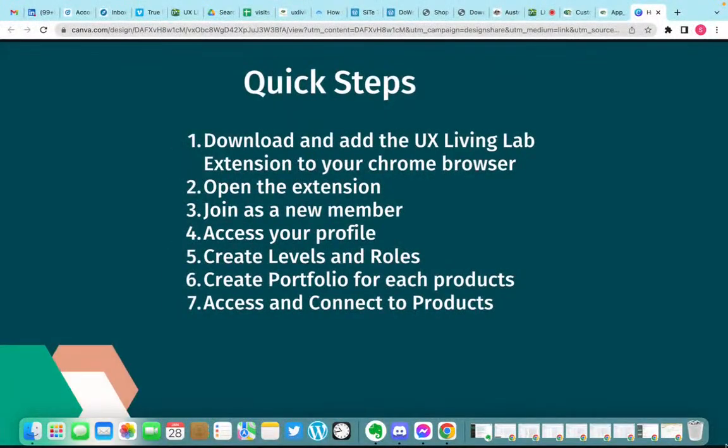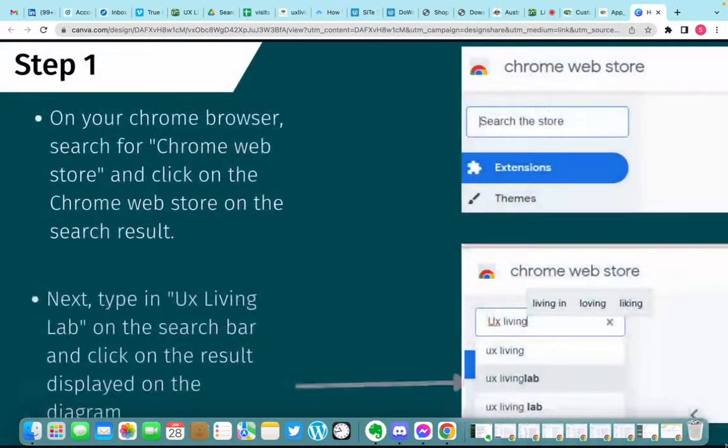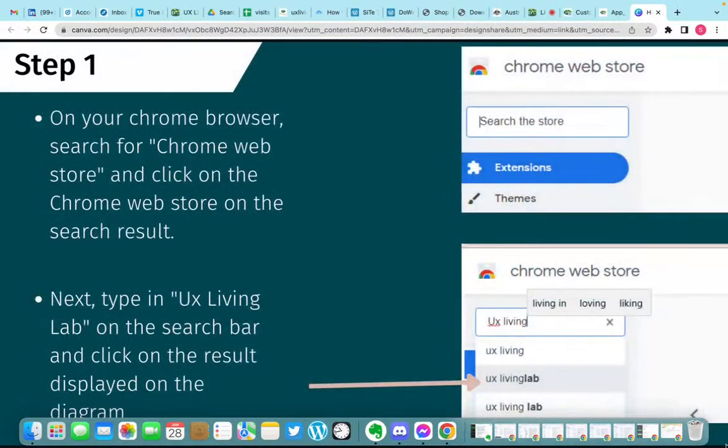So first we search UX Living Lab in the Google browser, and we have found, as you can see in the diagram, the UX Living Lab extension. So we just click on the UX Living Lab extension, and then it will be downloaded automatically.